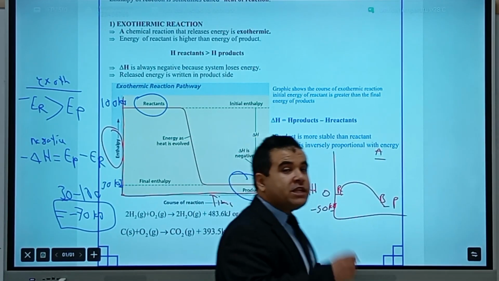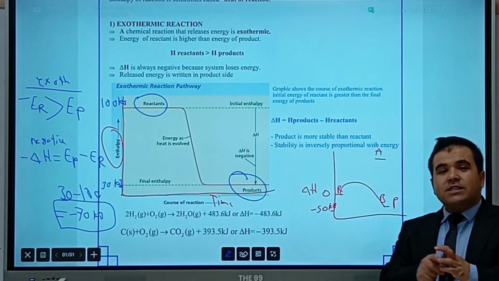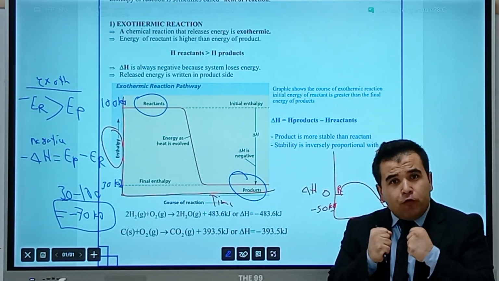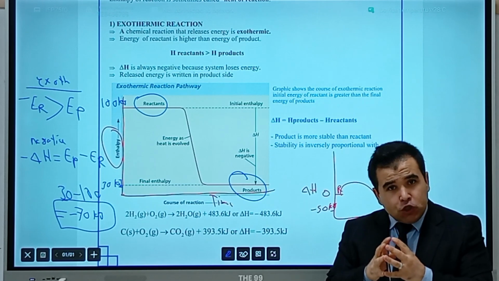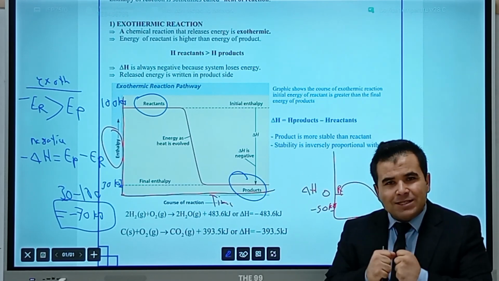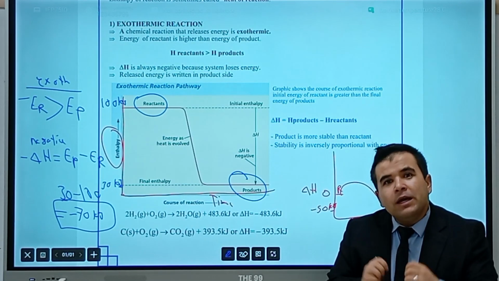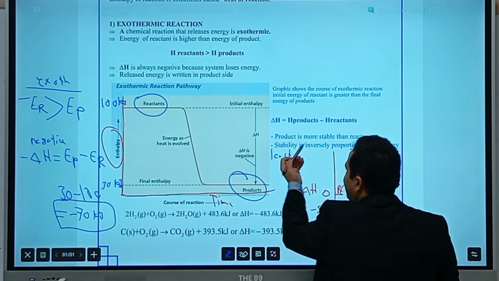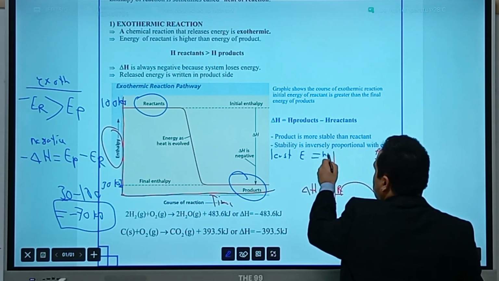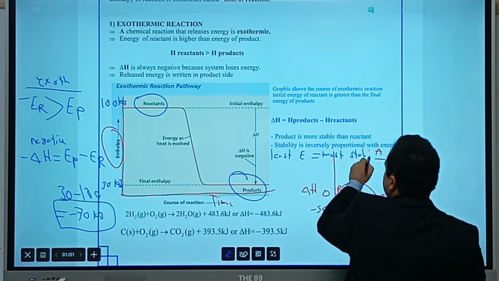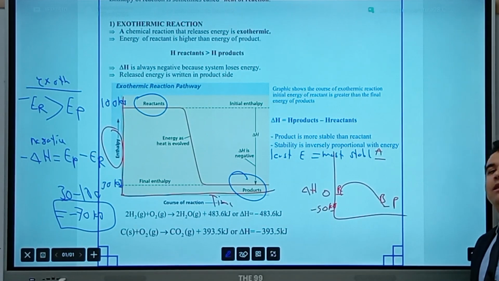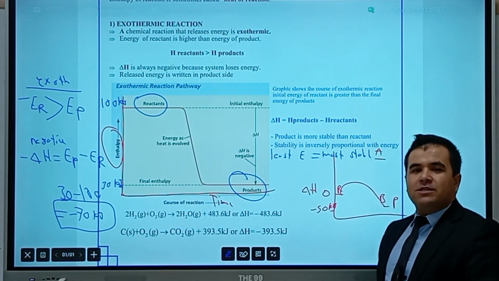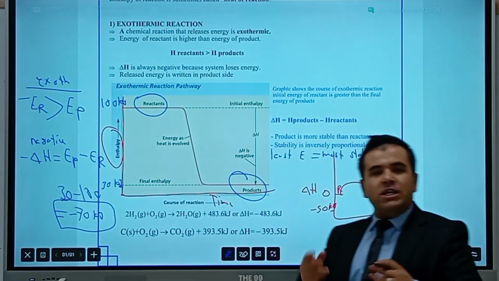Third, in terms of stability. By stability in chemistry, we mean a position of energy or a substance which has the least energy position is the most stable. So least energy is equal to the most stable. Highest energy, the least stable. So as we increase the amount of energy in a system, the stability decreases, and vice versa.